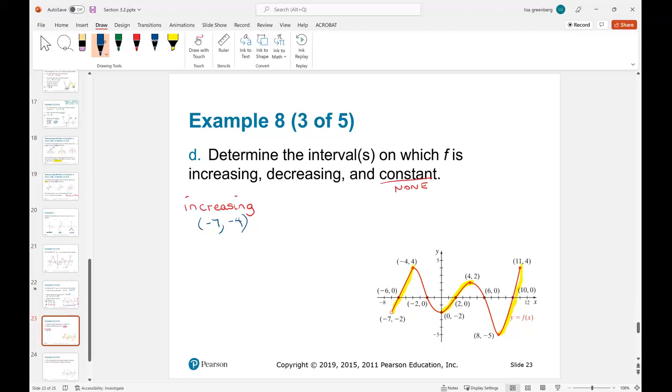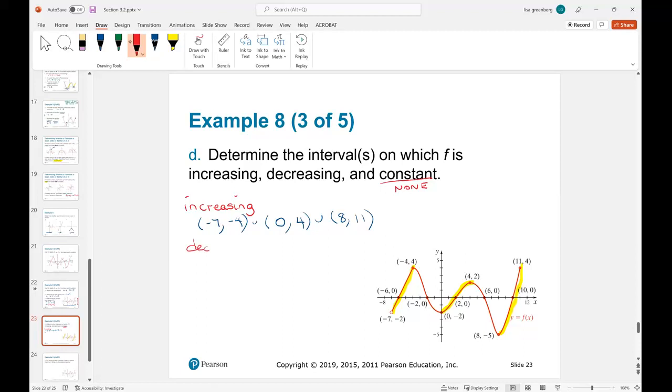And so that's my first interval. My second interval is from 0 to 4. And my last value is from 8 to 11. And remember, always use parentheses. We never include the endpoints, okay?